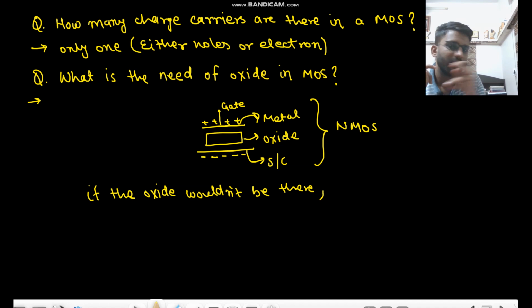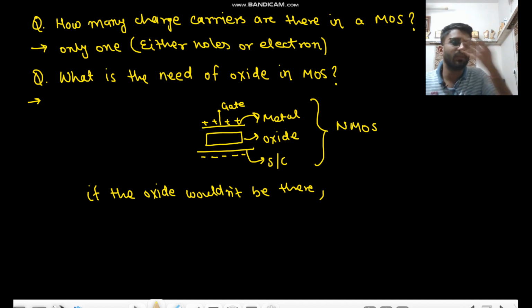There is negative charge on the semiconductor. If instead of oxide we had put a metal, then this negative charge would have crossed the layer and reached the metal. So negative and positive will be neutralized, right? If oxide is not there, this negative charge will reach the metal, so the inversion layer will not be formed, right?